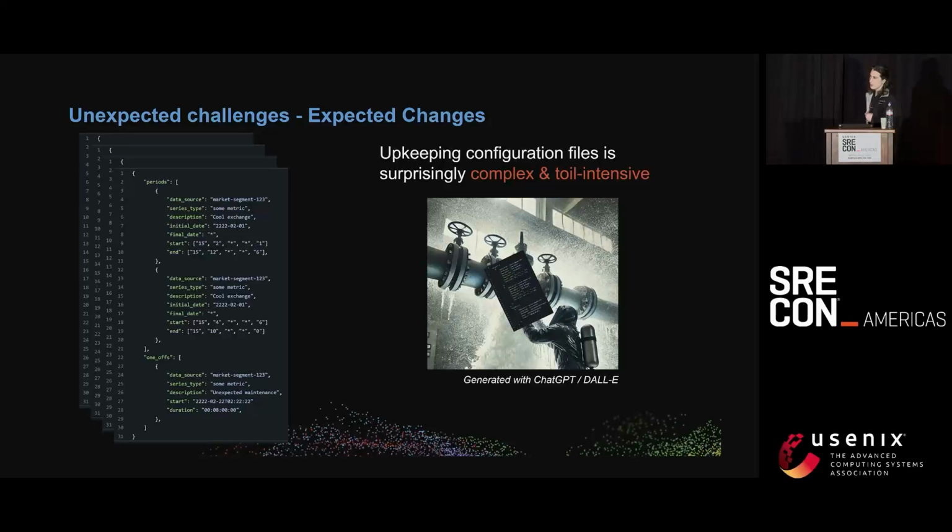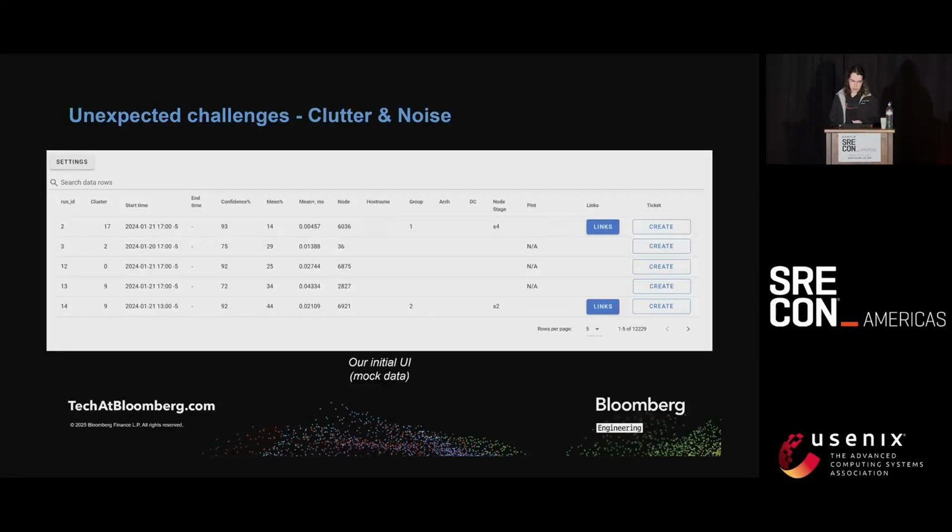We focused a lot more on post-processing and pre-processing our data to make sure that we were a bit more resilient to these sort of expected changes. So rather than have configuration files per market, per series that we read and exclude at point in time, we'll push a lot of that to the query layer, in our case Graphite, to get series that we know are clean, let's say.